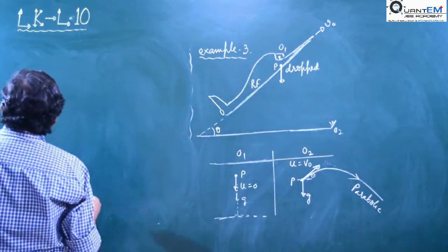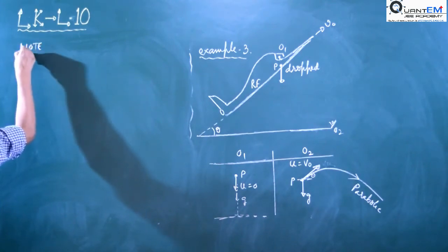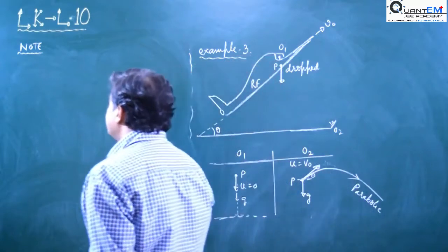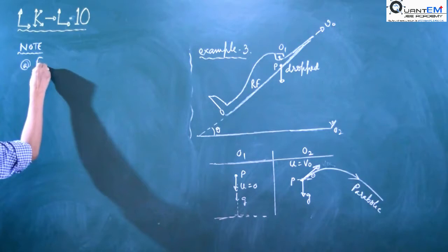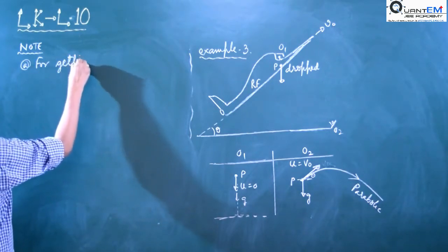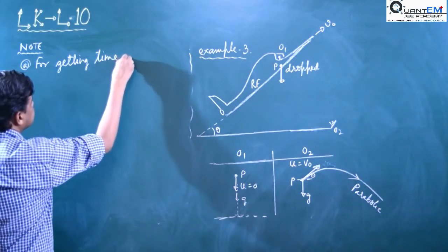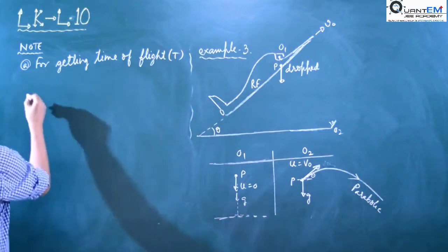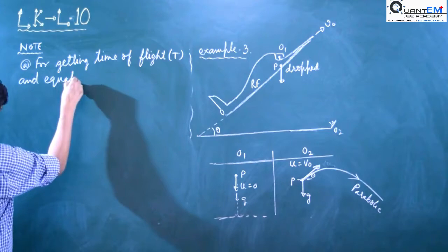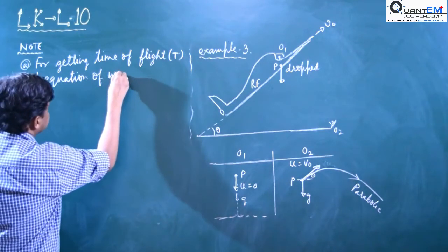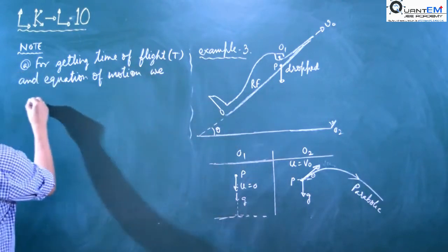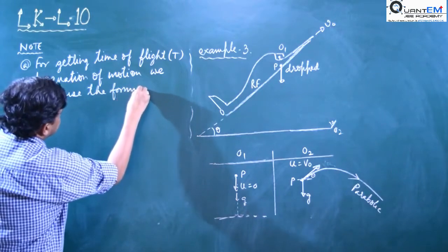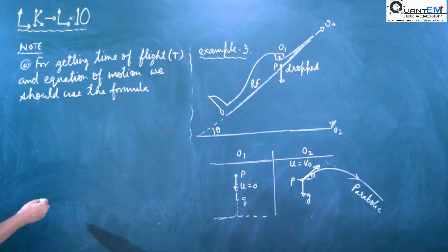See, first part. For getting the time of flight, denoted by suppose t, and the equation of motion, we should use this formula.